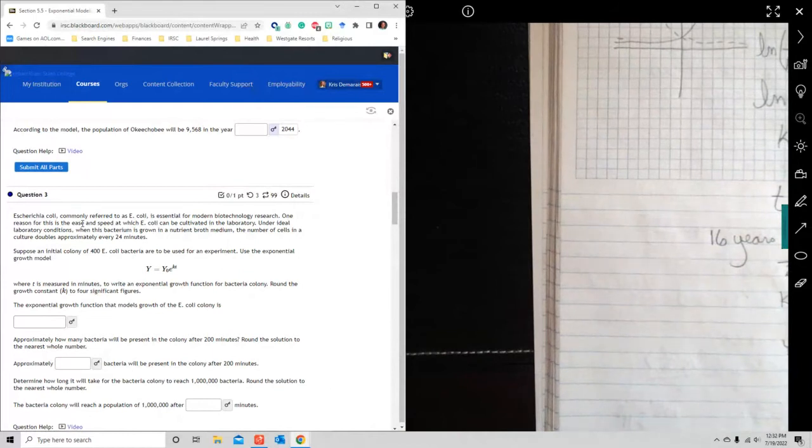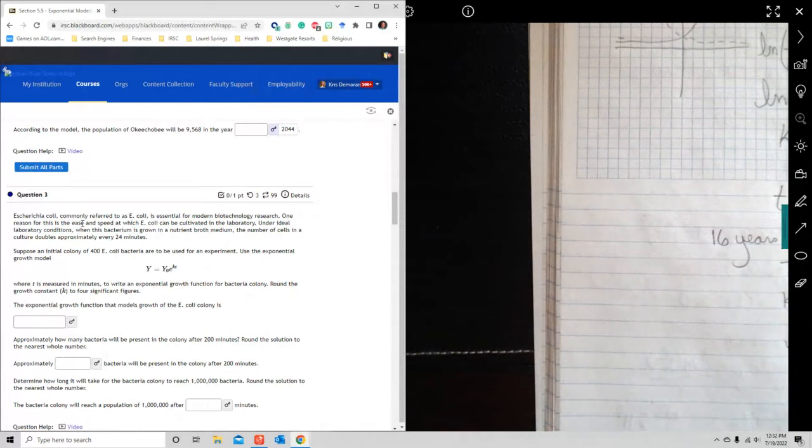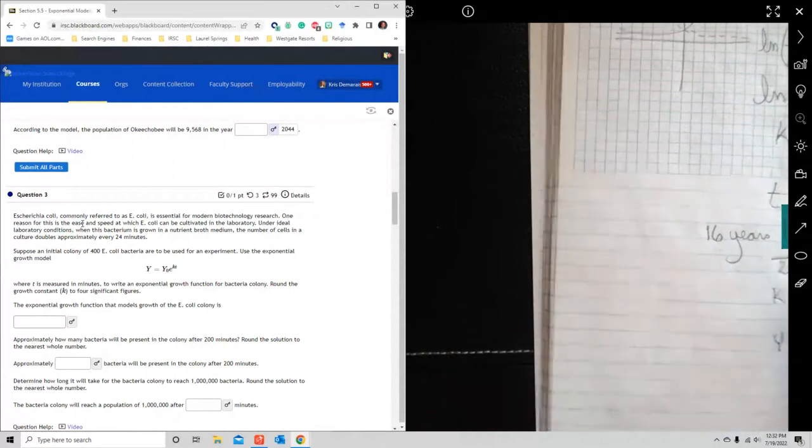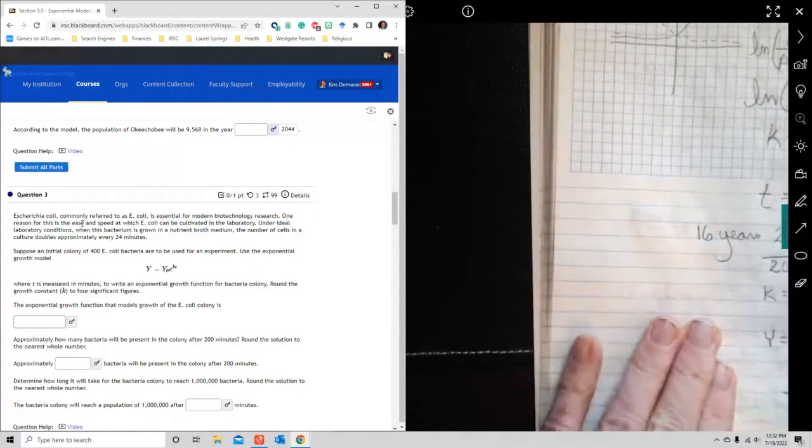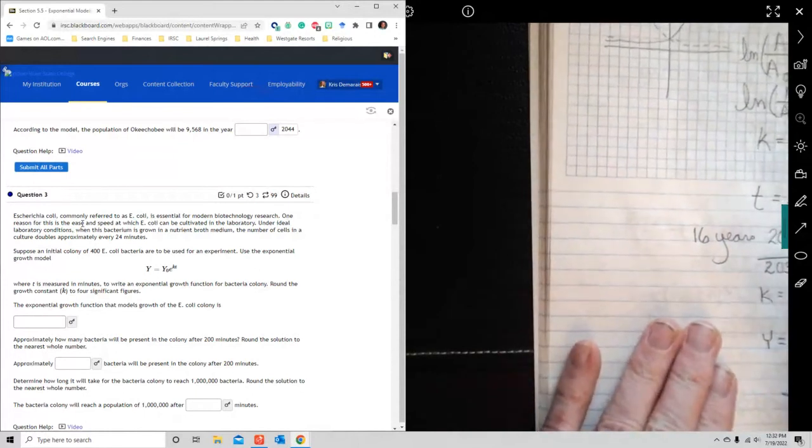Time is mostly spoken of in days or years, but this is forcing it into minutes. So we're looking at time in minutes, in respects to 24 minutes.